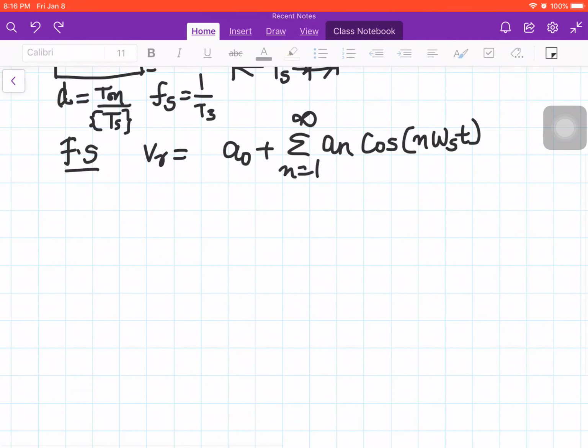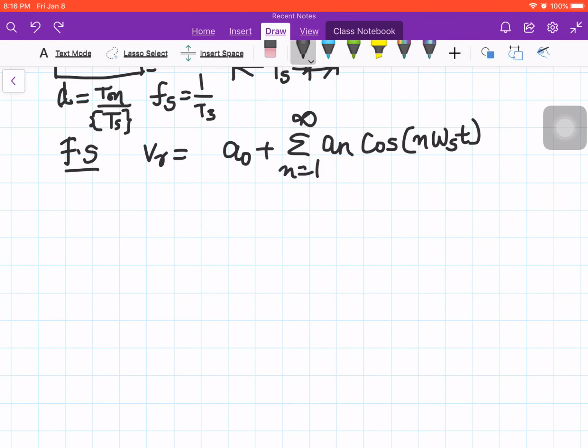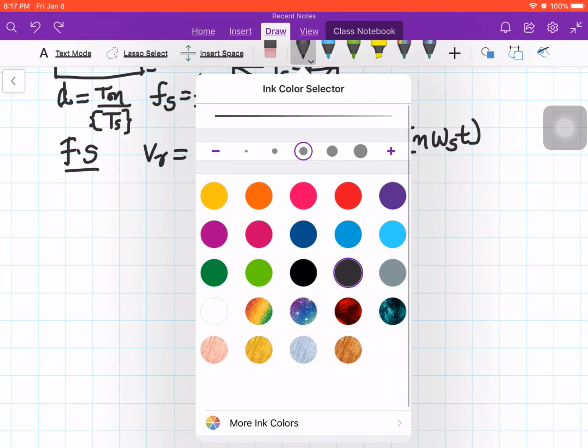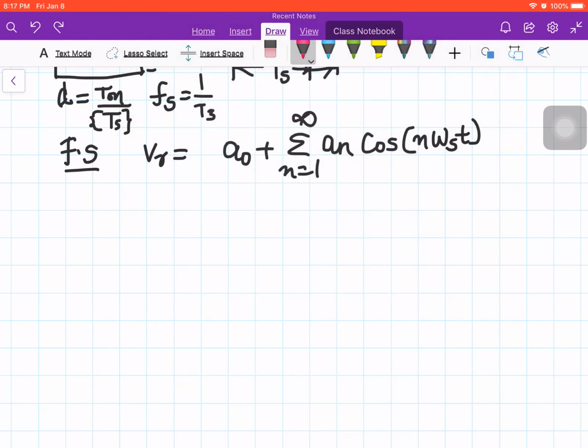Now A naught, we can easily find out, is just 1 by Ts integral from minus T by 2 to T by 2 of Vr into dt.